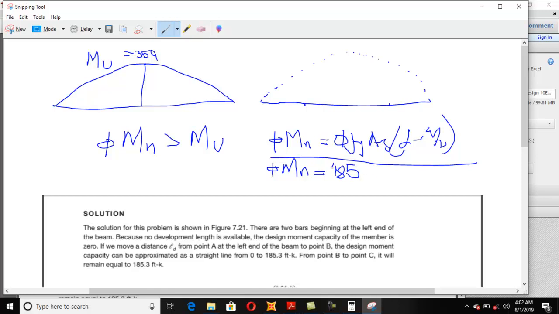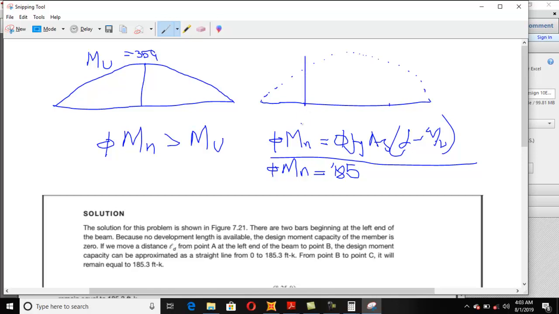Clear? That is 185. Now I am drawing the moment capacity, or you can say the capacity moment diagram. We assume that diagram, and you must know that this 185 lies at this point. Clear?